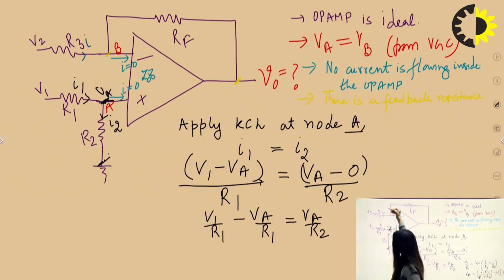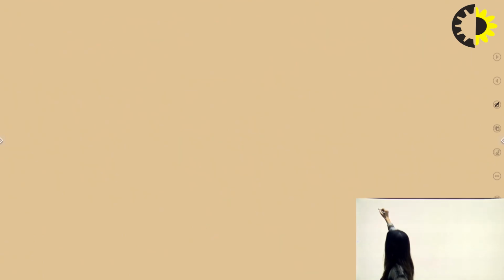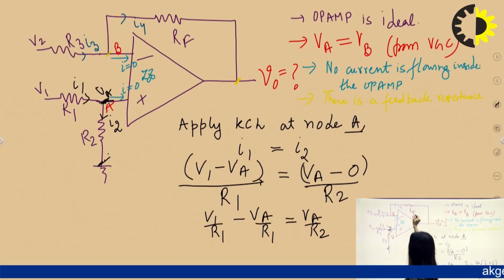So this is I3 and this is I4. So here also, if I apply Kirchhoff current law at node B, I can write I3 is equal to I4.